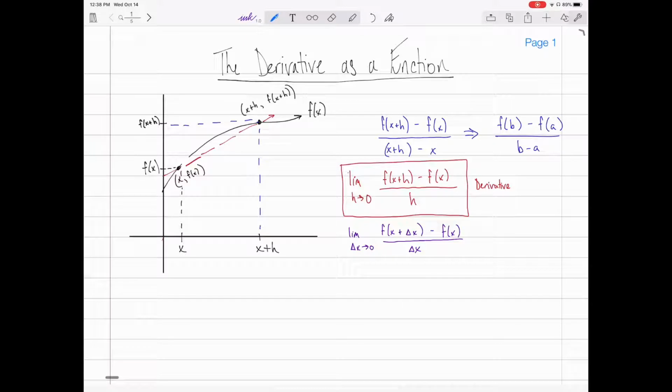Okay, so if you were to apply this to a function, the resulting function is the derivative.